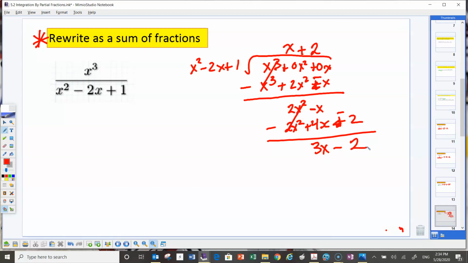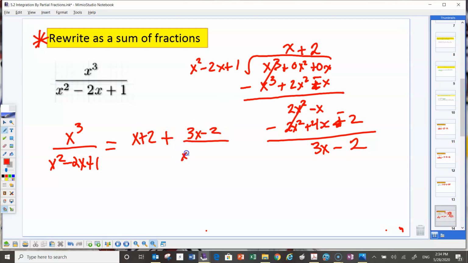So, therefore, when I rewrite this, x cubed over x squared minus 2x plus 1 is really going to equal my quotient, which is x plus 2, plus my remainder, which is 3x minus 2 over my divisor of x squared minus 2x plus 1.